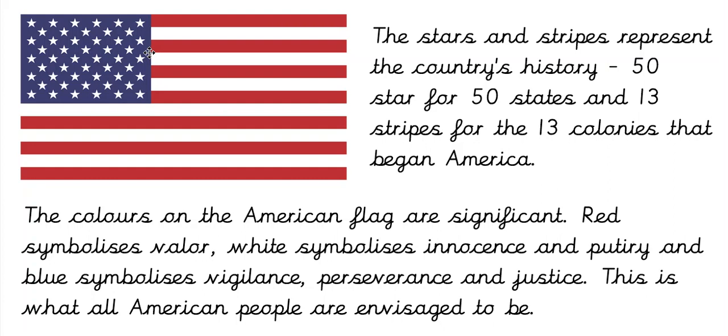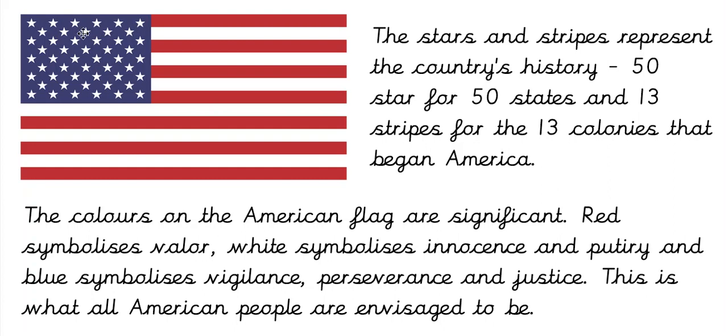So the colours on this flag represent the American people. The colours are saying that the American people are courageous, innocent, vigilant, they persevere and they believe in justice. The stars and stripes then represent the country's history. The 50 stars on the flag are for the 50 states in the country, each represented by a star.